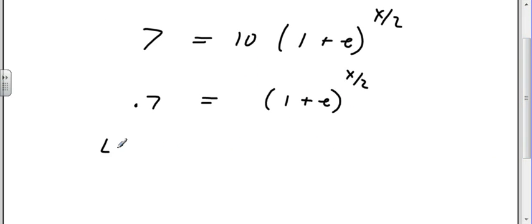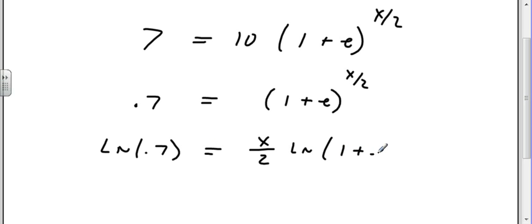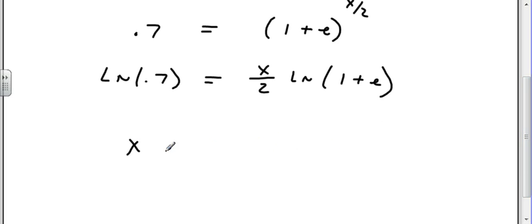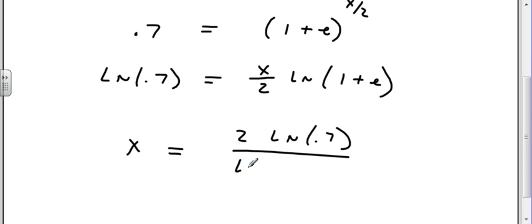The natural log of 0.7 is x over 2 times the natural log of 1 plus e. X is equal to 2 natural log 0.7 divided by natural log 1 plus e.